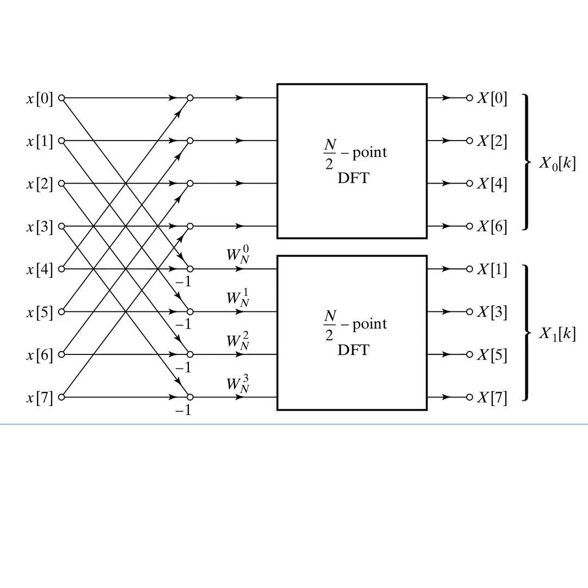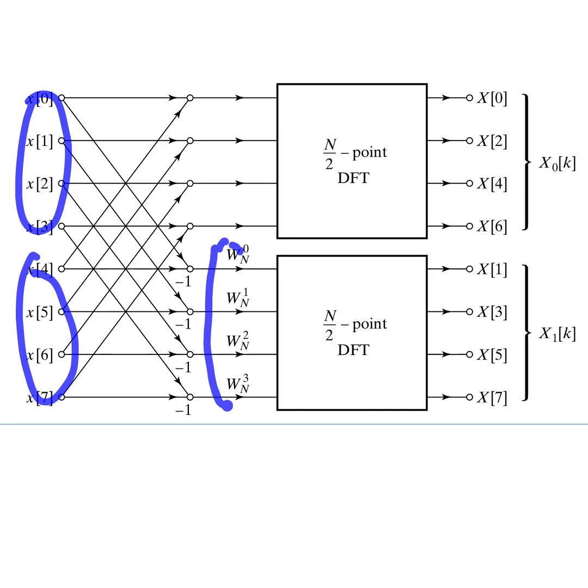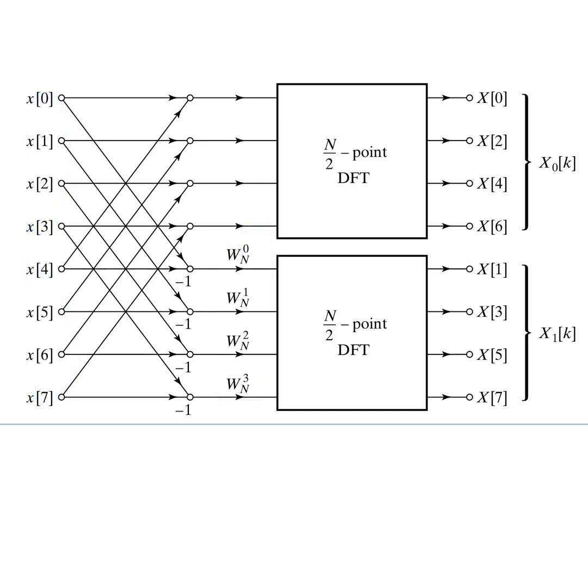So x0 is obtained by adding this one to this one, and x1 is obtained by subtracting this one from this one multiplied by W_N. So these are the input samples to the n by 2 point DFTs, to finally obtain X0 of k and X1 of k, and X0 implicitly are the even numbered samples of the discrete Fourier transform, and X1 of k from its definition are the odd numbered samples of the discrete Fourier transform.